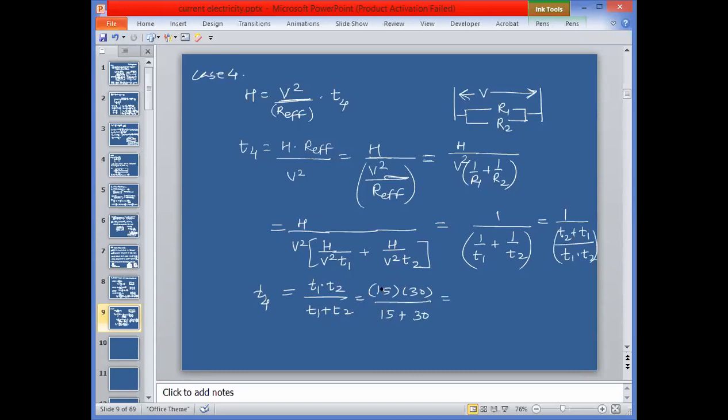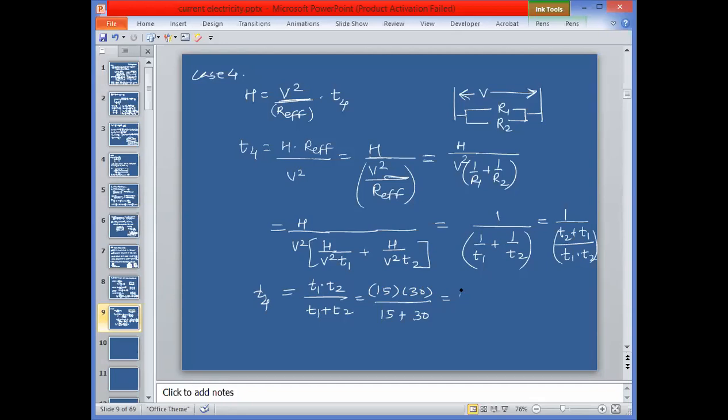This is as good as R and 2R in parallel, 15 and 30 in parallel, which gives 2R upon 3. 2R upon 3 means 30 upon 3. R is 15, 2R is 30, so 30 upon 3 is equal to 10. You can figure out the answer will be the same. How?